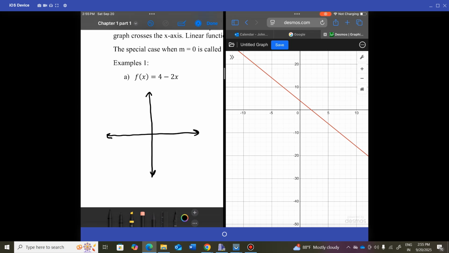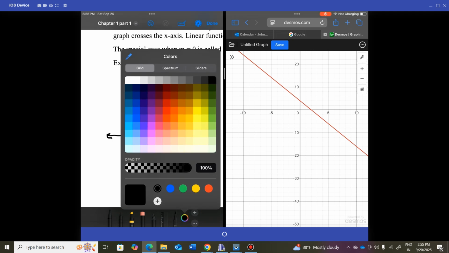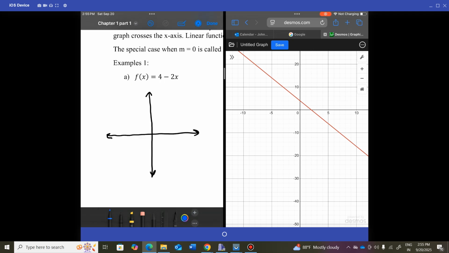And it's a downward line, and specifically it goes through the point, and we can click on it, 0, 4. So this is 4, and so it goes through that point.